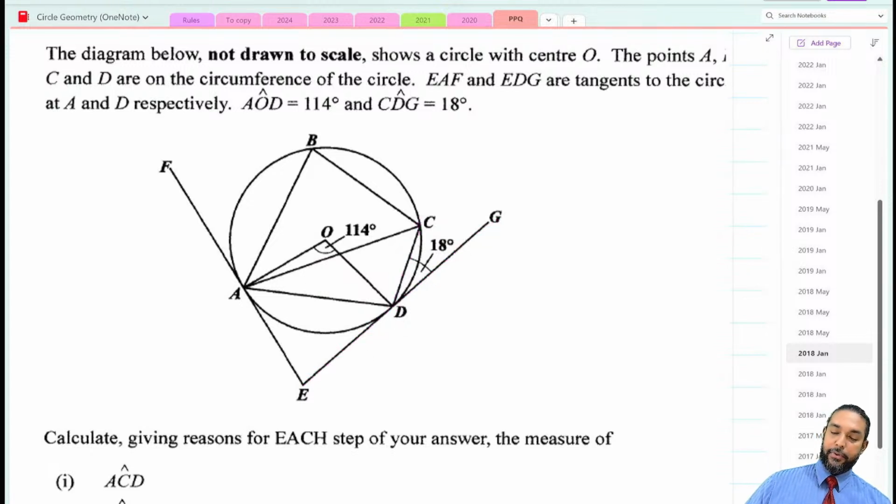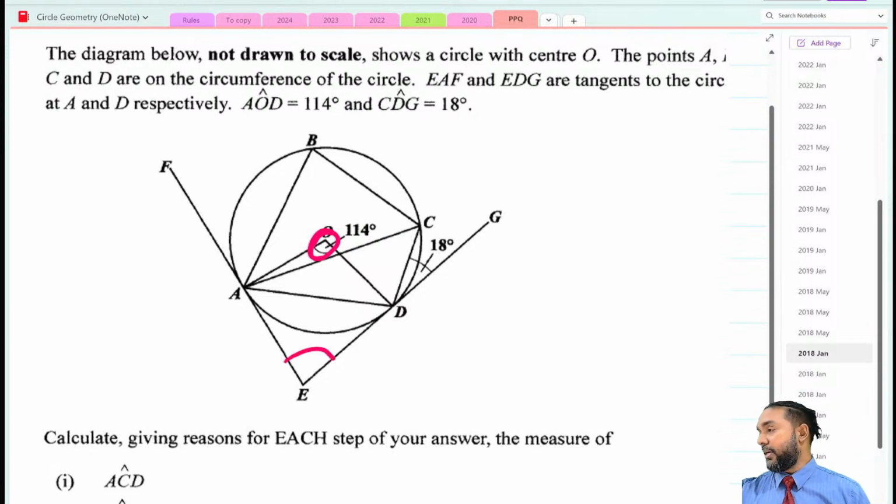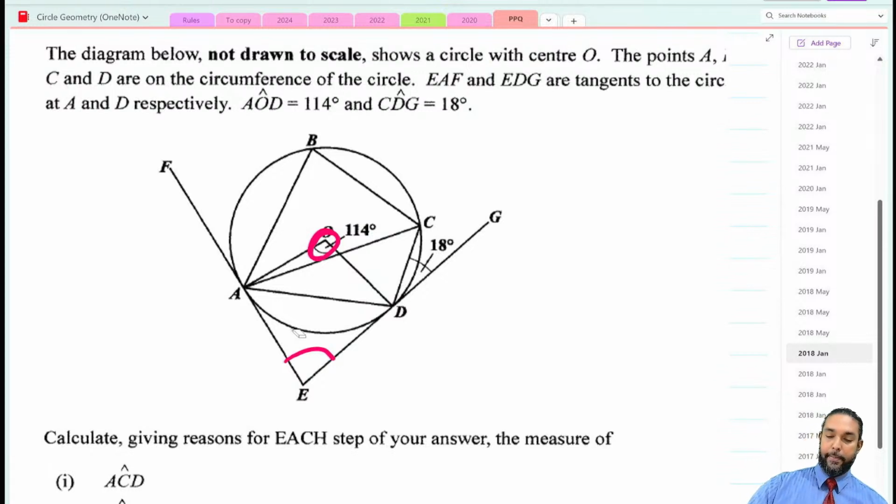And this is a radius and there's a tangent, so we have 90 degrees. The same thing on the next side too: that's tangent, that's radius, so you have 90 degrees, 90 degrees. And we know the angle at center and this angle here are supplementary, which means they add up to 180 degrees. So we could find that angle if we had to.